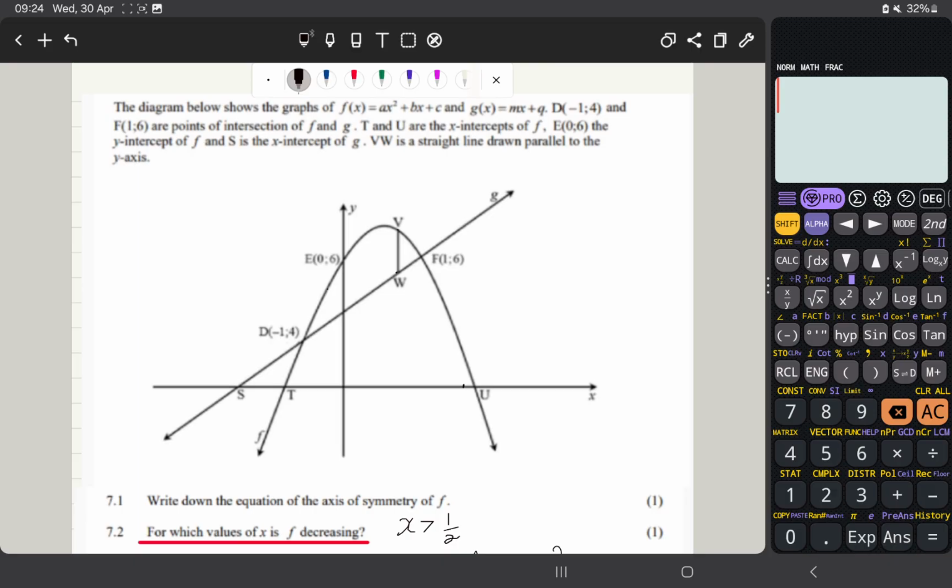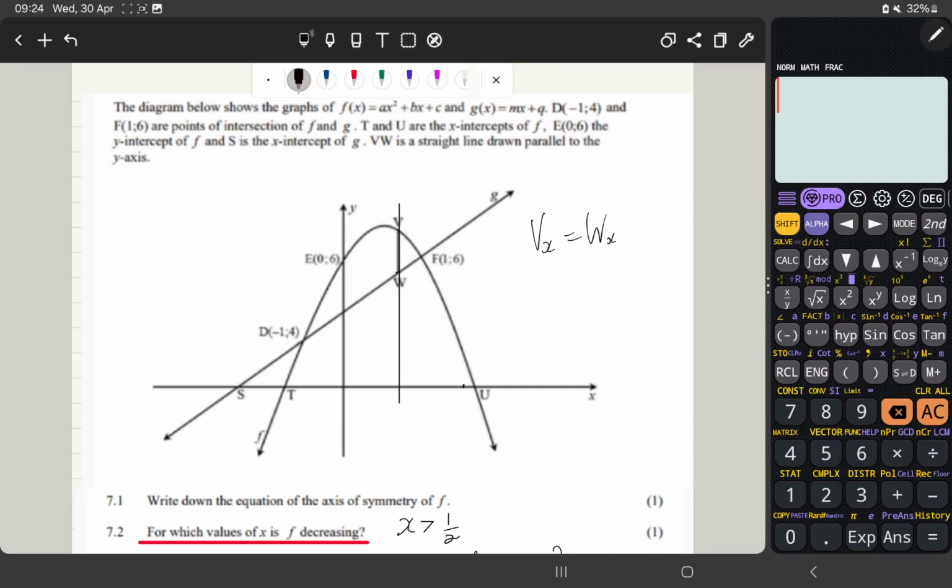So when you look at it now, we could draw a straight line here. We could extend VW and say V and W have the same value of x. So Vx is equal to Wx.